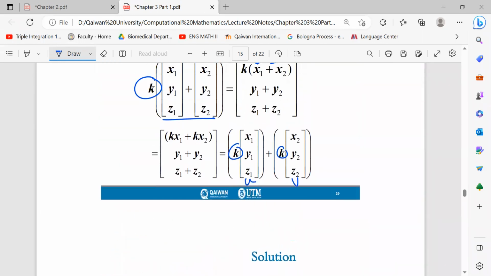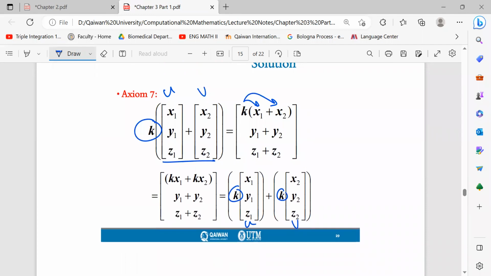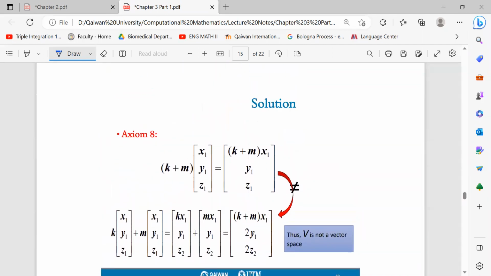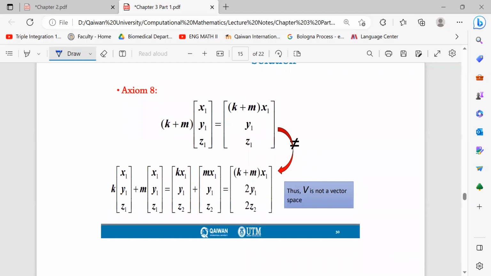It's just expanding and factorizing. For the last one, we say if we have k plus m times a vector, that's it. So it is a real number. Let's say it is c. c times that vector is c times the top element.